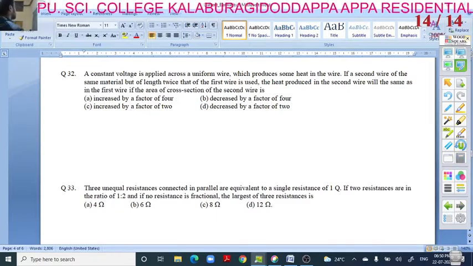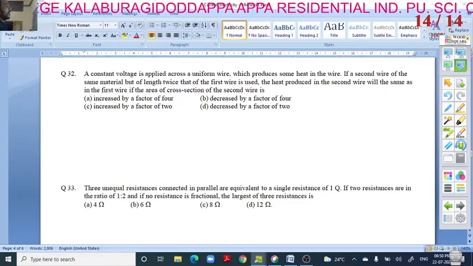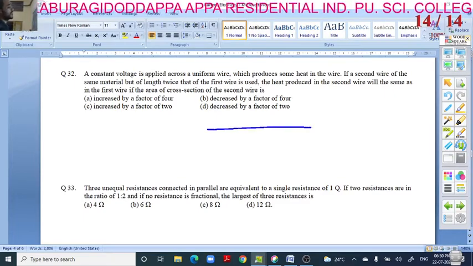Okay, see here, a constant voltage is applied across a uniform wire. For example, this is the wire.